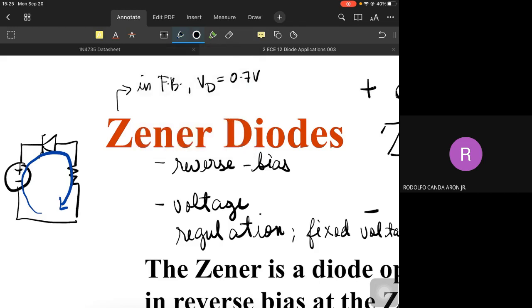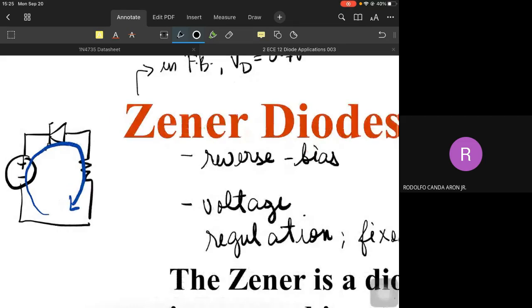No? So, let's say, for example, 5 volts ang atong source and ang atong VD is 4 volts. Ang VR would now be only equal to 1 volt. No?